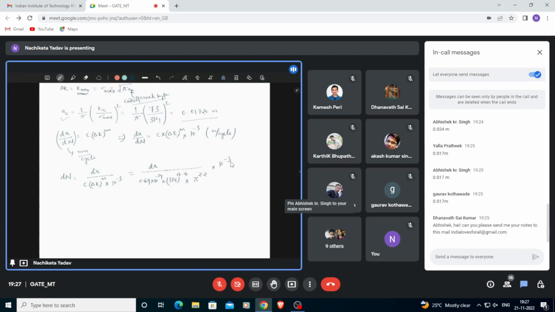And what will we do? We will integrate from 0 to NF, and A will vary from AI to AC. So can you now solve? Can you calculate the NF value?